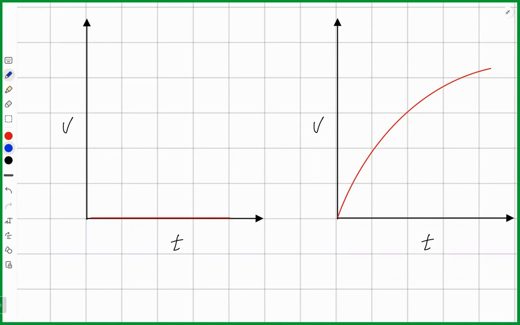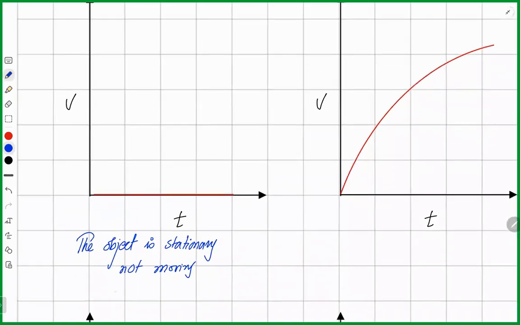No speed means the object is stationary, not moving, at rest, stopped. Any of these words can explain what is happening to this object.